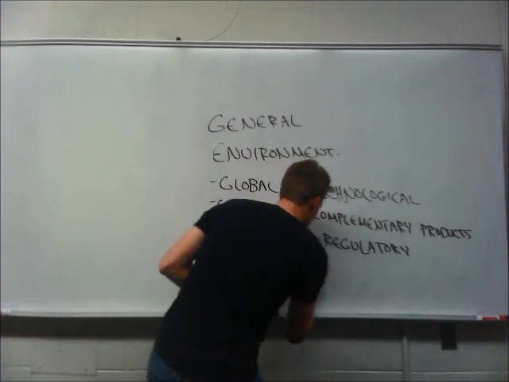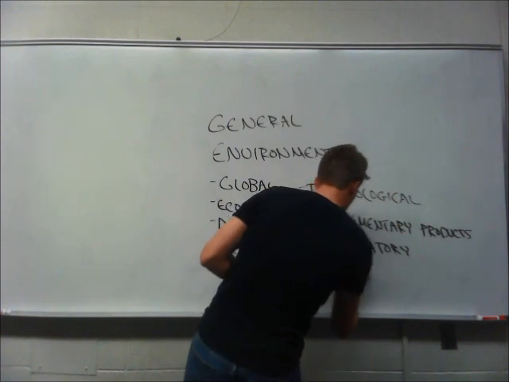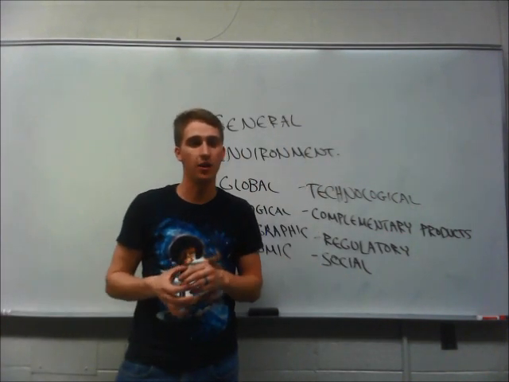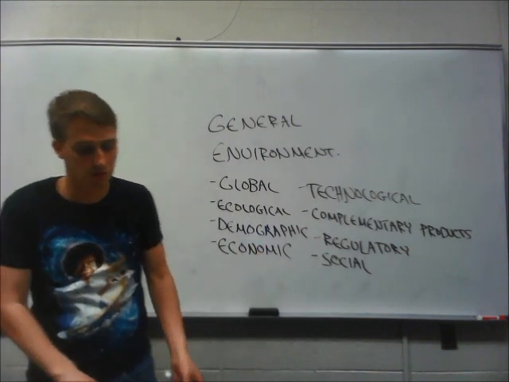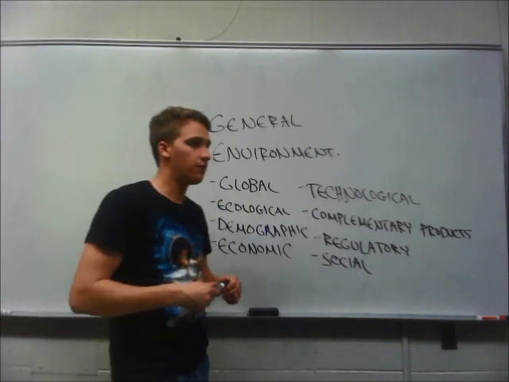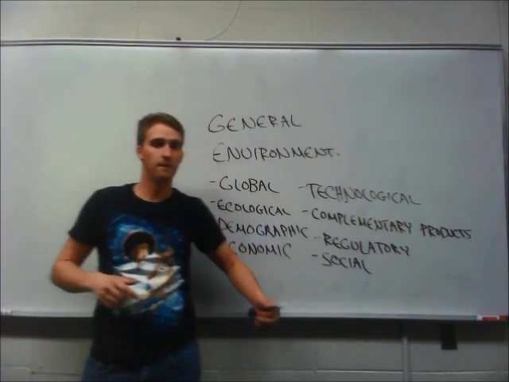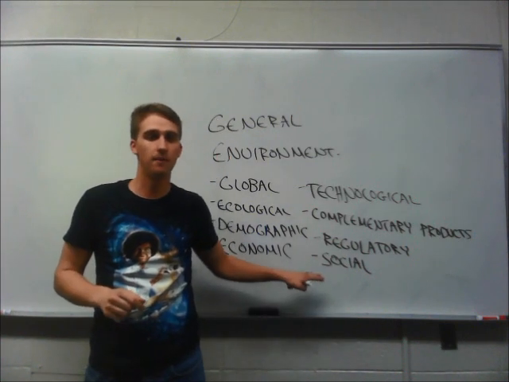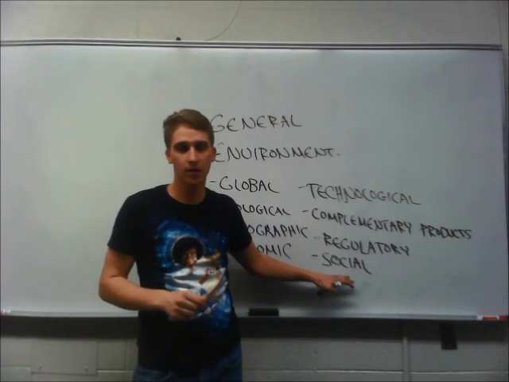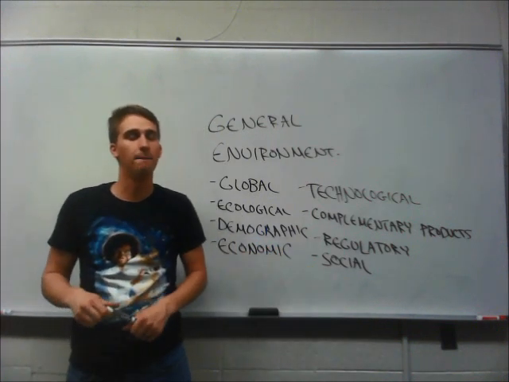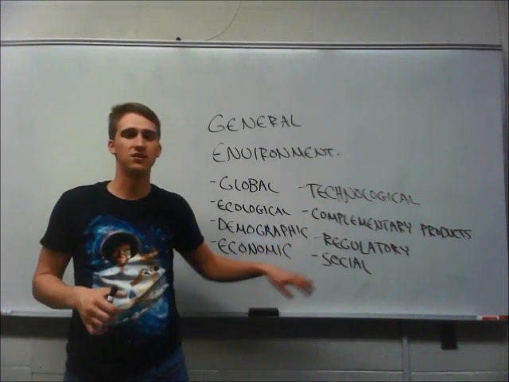And then the last one is social. So this is things like what nations value, what the norm is, what's important to them. If you sell baby furniture, and suddenly people aren't as interested in, actually this is too specific.